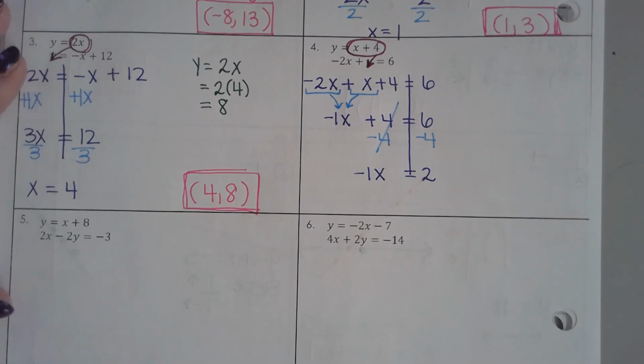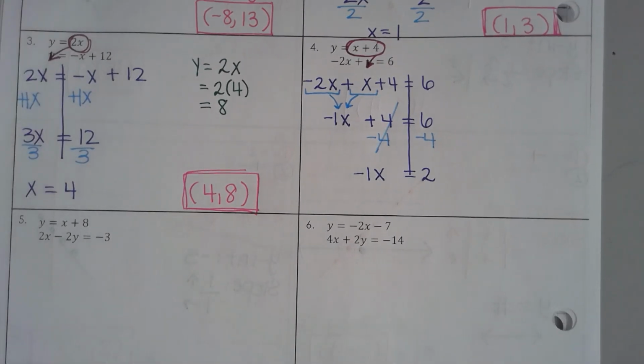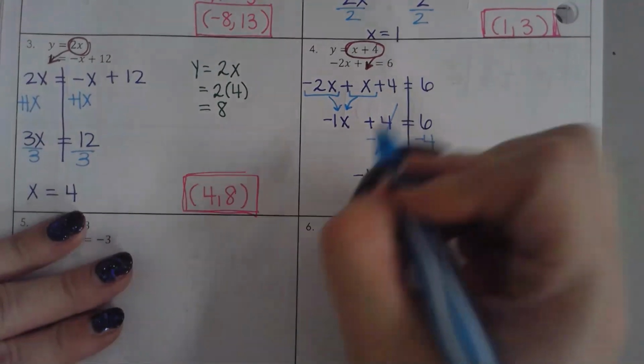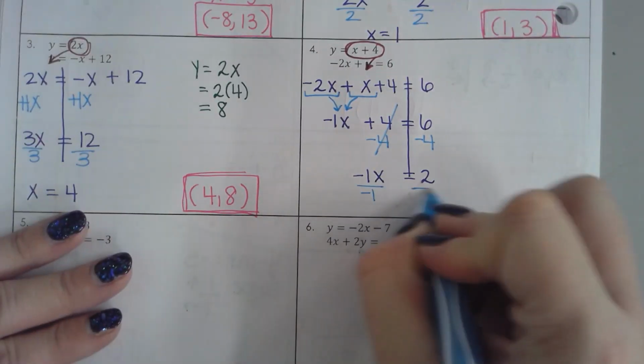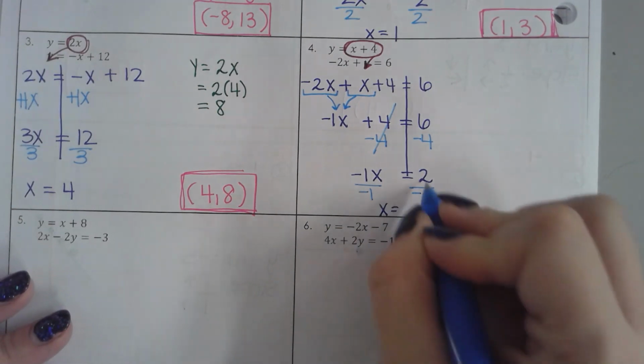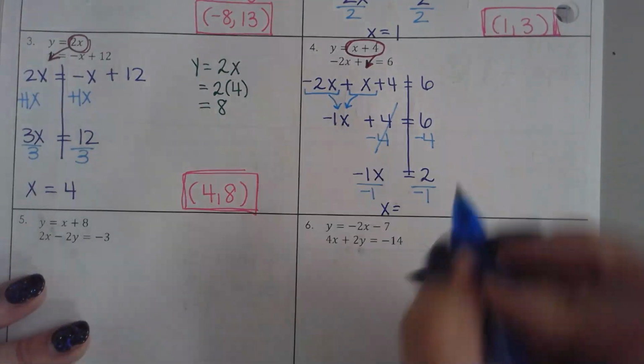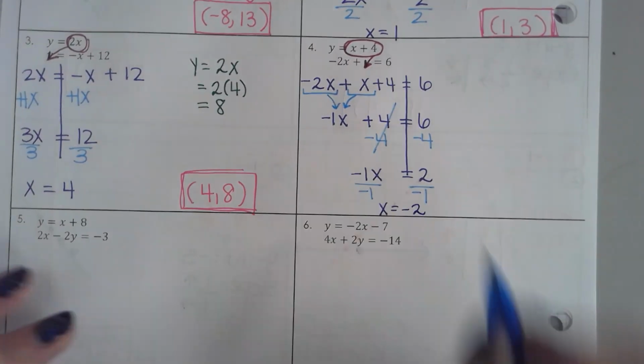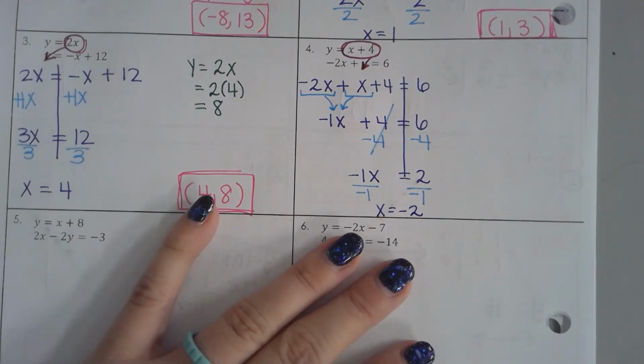And to get the x by itself, we have to divide both sides by negative 1. Two divided by negative 1 is negative 2. So that's my x value.